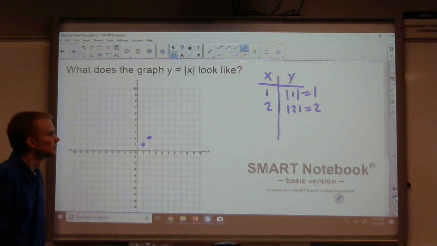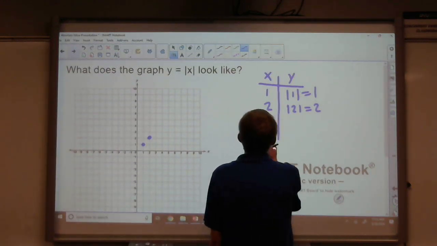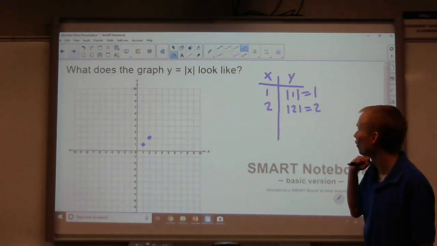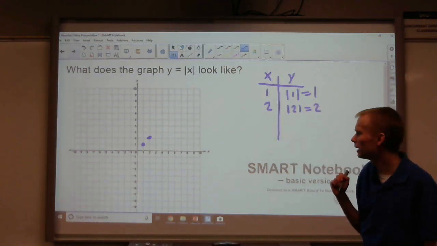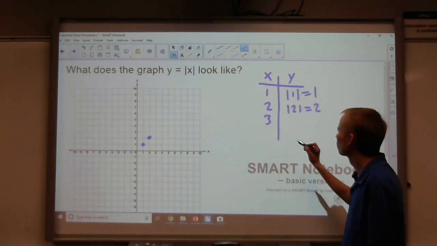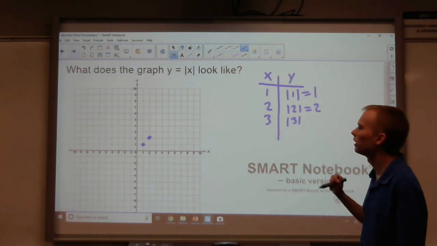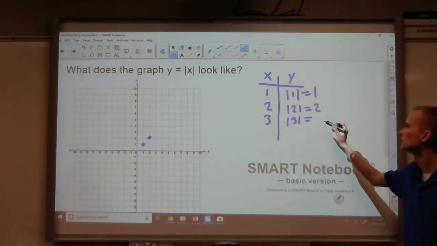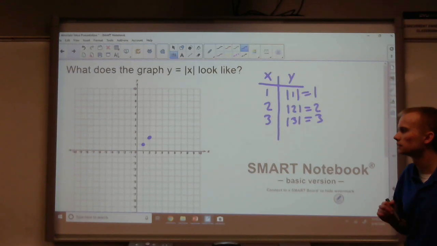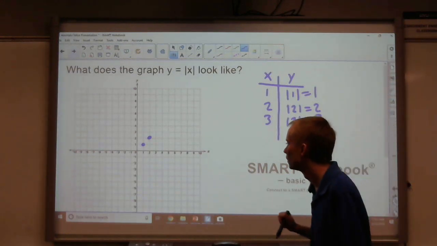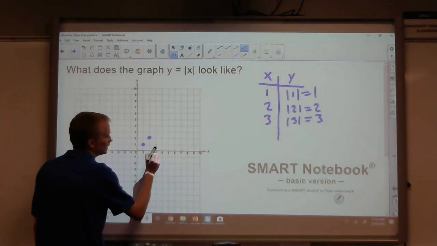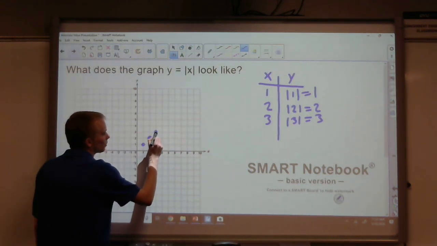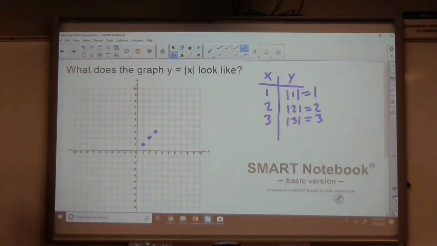Let's do it again. Are we starting to see a pattern here, hopefully? It looks like for these numbers, it's just leaving them the same, right? When I do 3, absolute value of 3 is positive 3, okay? So that means I'm going to go over 3, up 3 to get my point.